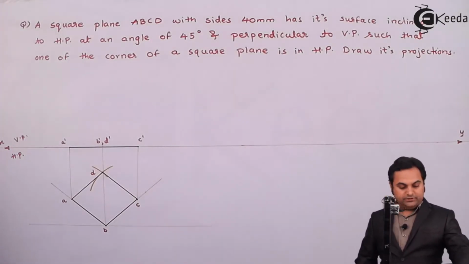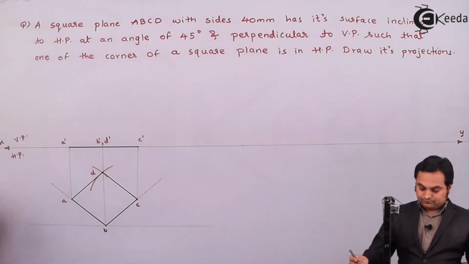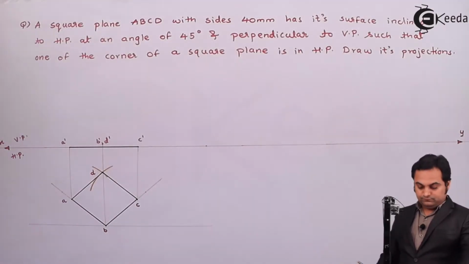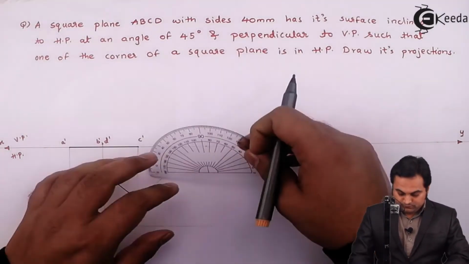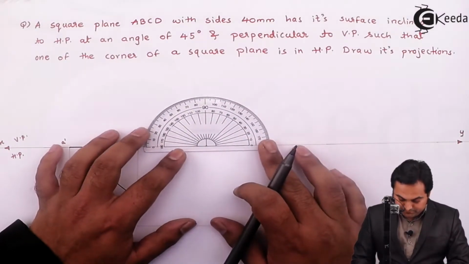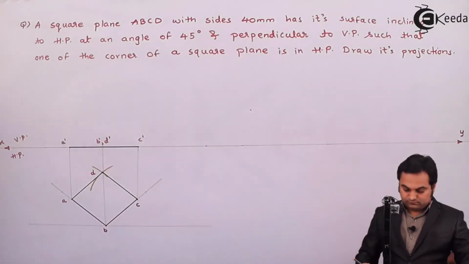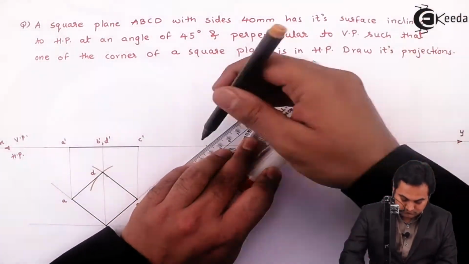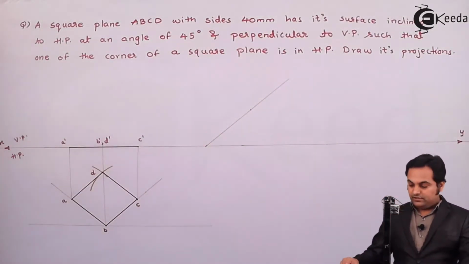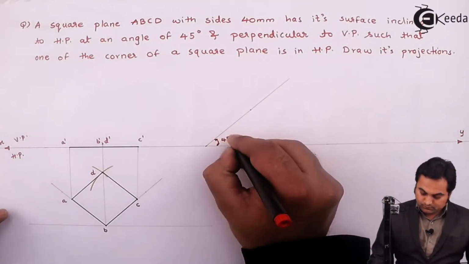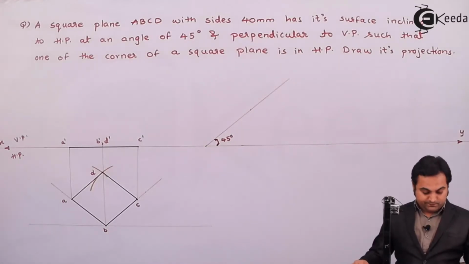I am taking the point for that. Measuring 45 degree from here. So here is the inclination of the plane, 45 degree.